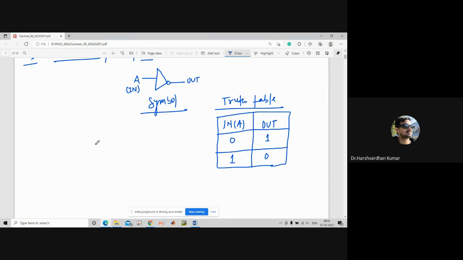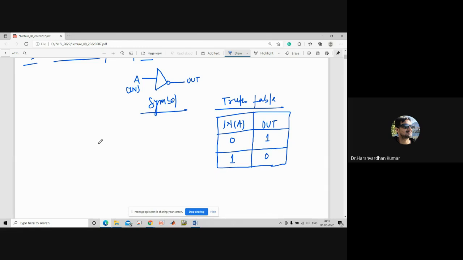Complementary means we have to use both types of MOS transistors, N type and P type. So complementary means we have to connect the NMOS and PMOS in series.